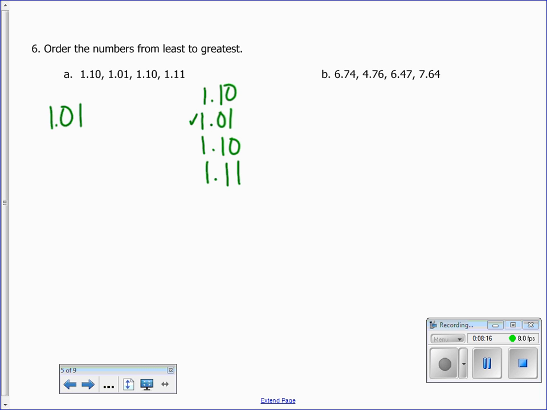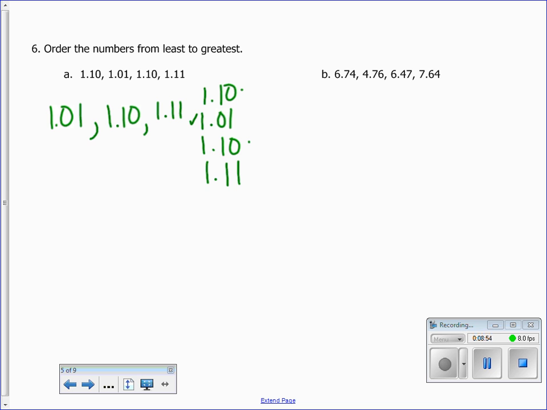So let's compare the last digits. We have 2 that are the same. So we will just list it once. So as you notice, you look from left to right, order them from least to greatest, and there's your answer.